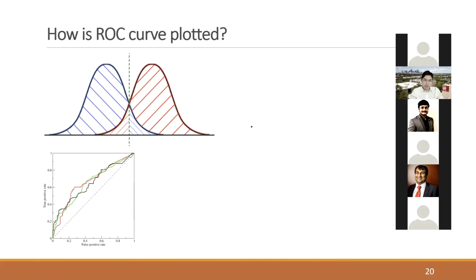Okay, so how the ROC curve is constructed is that the calculation varies the threshold in the binary classification problem.